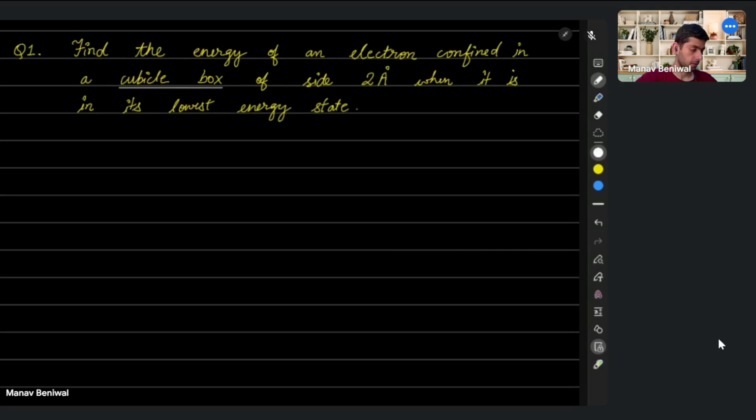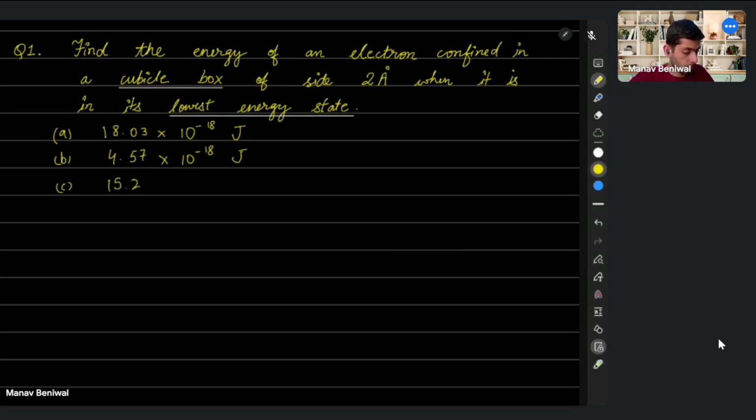The side of the cube is 2 angstroms, and we are talking about the lowest energy state of an electron in a cubic box. So these are our options. Here J is for joules.